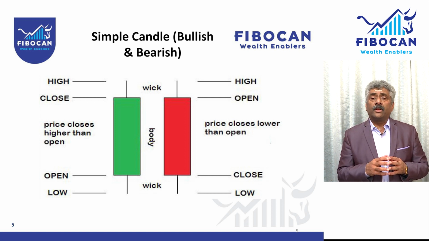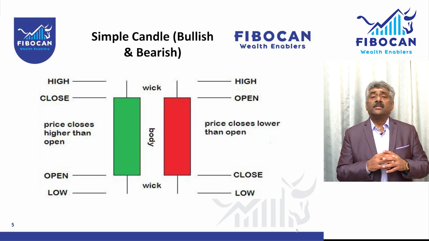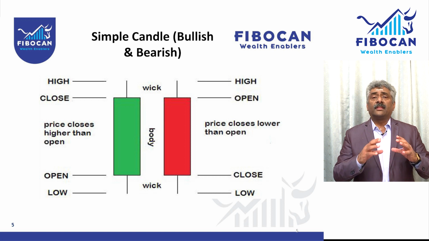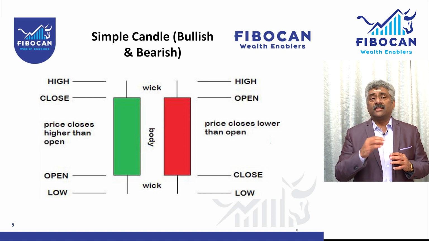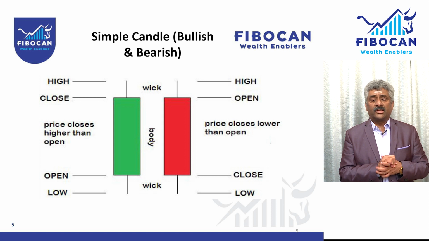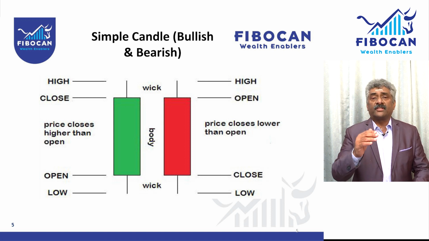How do we capture the high and low? As you can see in the figure in slide 5, you have a green and a red candle. We will come to what is a green and red candle. There is a body, the upper shadow and the lower shadow, denoted by the high or the low. First we will see the green candle. In a green candle, the open is lower and the close is higher.